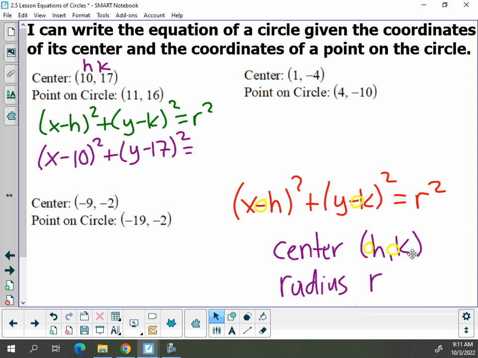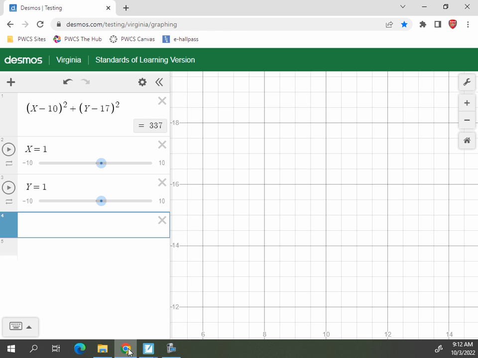So I'm actually going to put the left side of my equation into Desmos. Key here is I have to make my x and my y capital letters because I'm going to ask Desmos to evaluate that side of the expression or that side of the equation. So you can see I plugged that in here, but I used capital letters for x and y. And so it's going to create these sliders here.